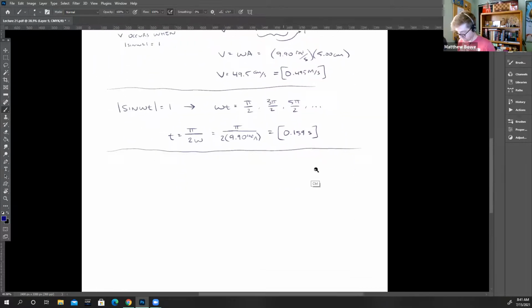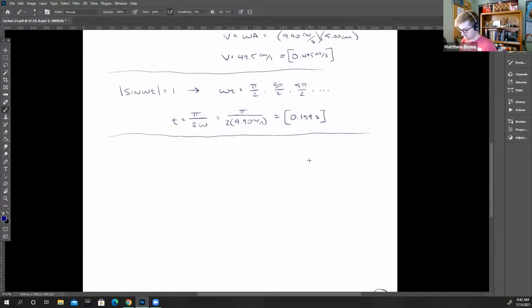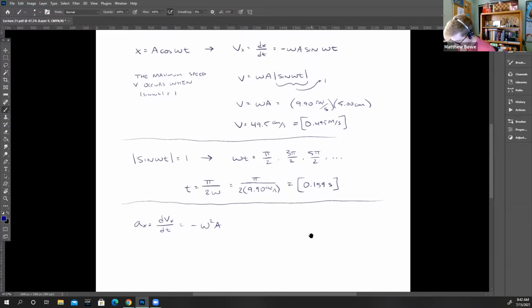Finding the acceleration is just the derivative of the velocity term, dvx over dt, and this is minus omega squared A. So we're taking the time derivative of this. So just kick out another omega, and this would be cosine omega t.